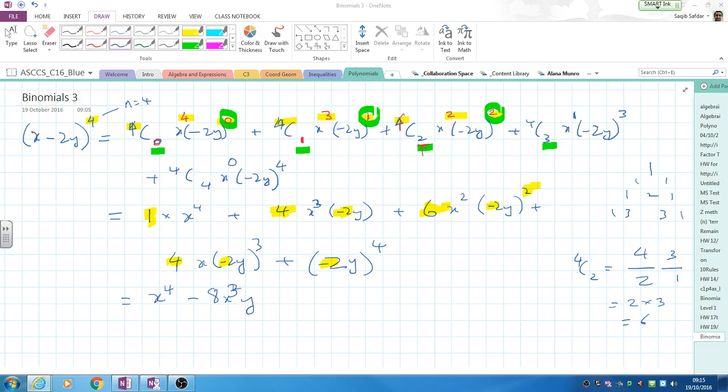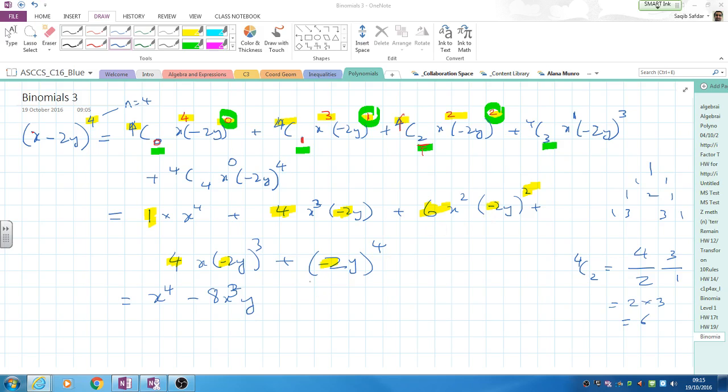What do we get for that? Over here, when you multiply this out, what's the coefficient going to be? So you've got 6 times the minus 2 squared. 24, yeah.